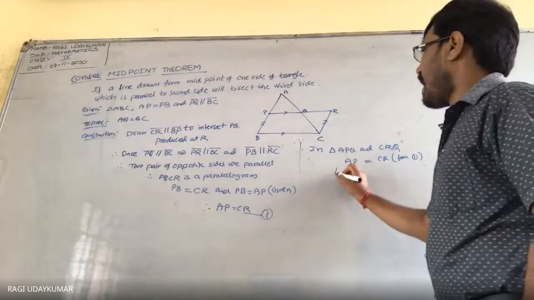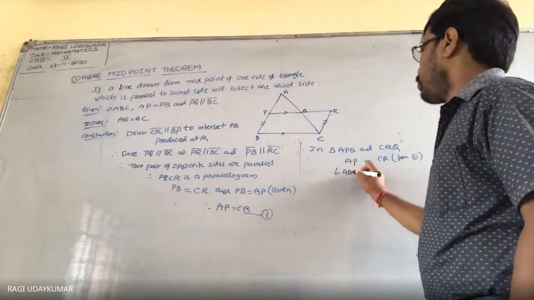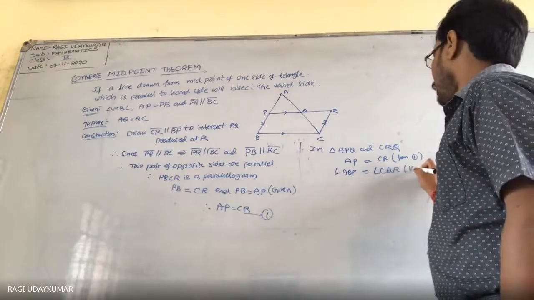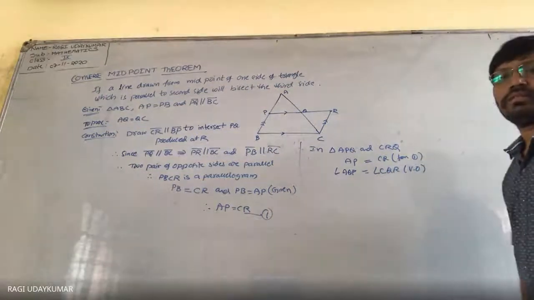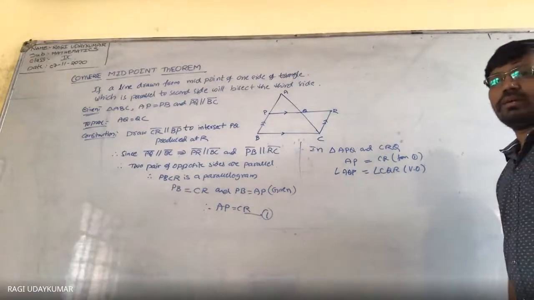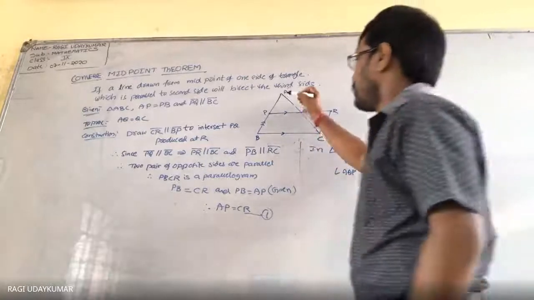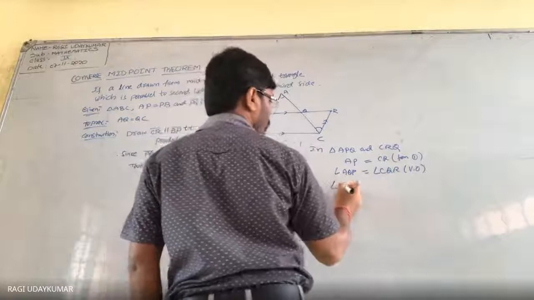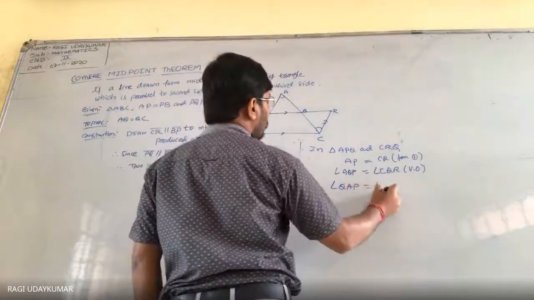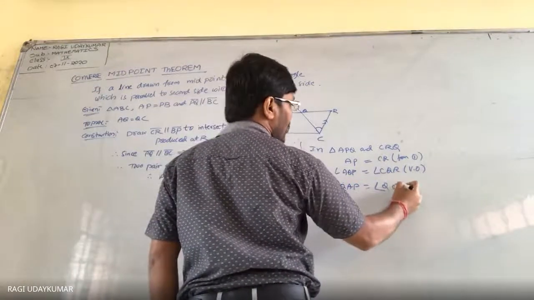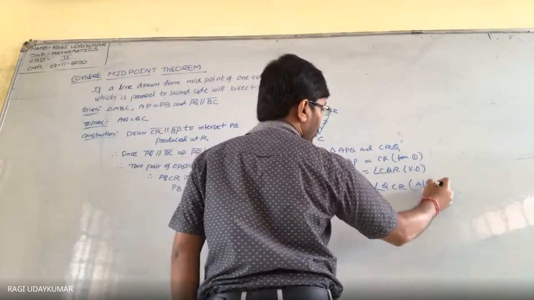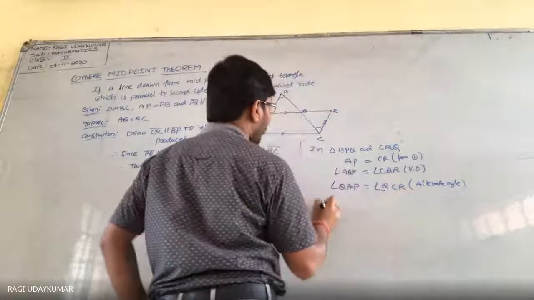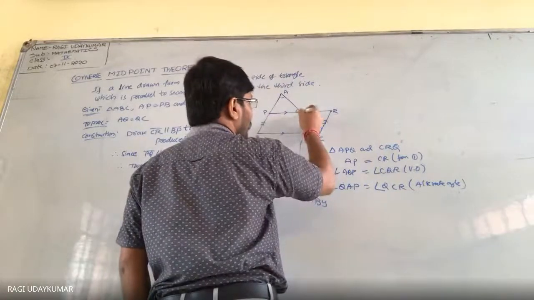And angle AQP is equals to angle CQR, vertically opposite angles. Next, this is equals to this one. Angle QAP is equals to angle QCR. These are alternate angles. So therefore, by ये दोनों equal.